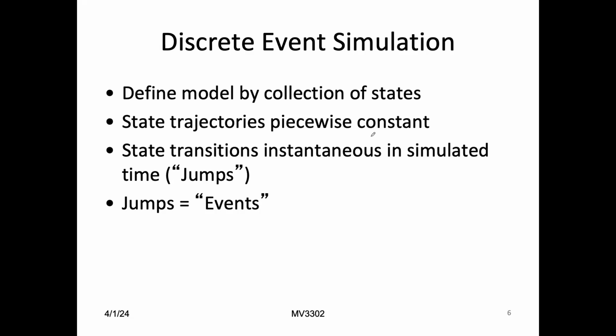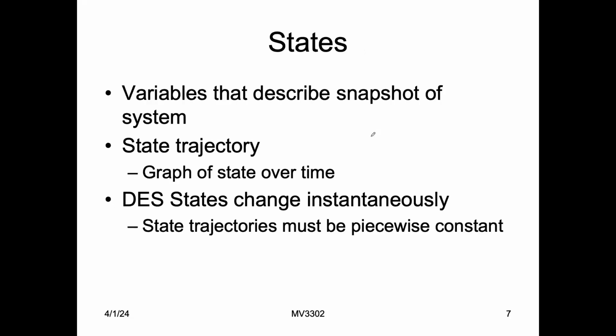Then all of a sudden the number waiting in line is one more than it was an instant ago. In reality that happens over a finite amount of time, but in the model, it happens instantaneously. These jumps are what we call events, and that allows discrete event simulation to be more efficient. That was the original motivation, but it also makes things go more smoothly.